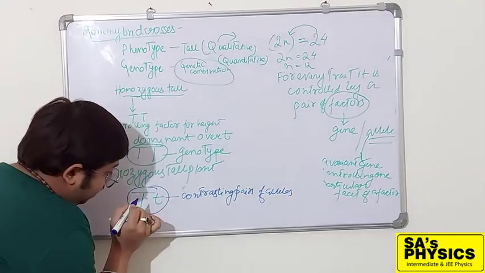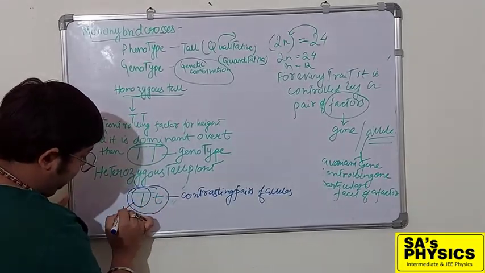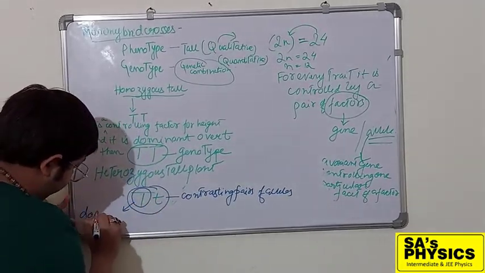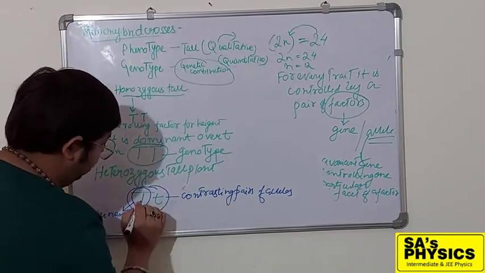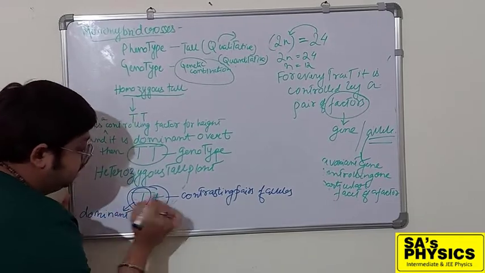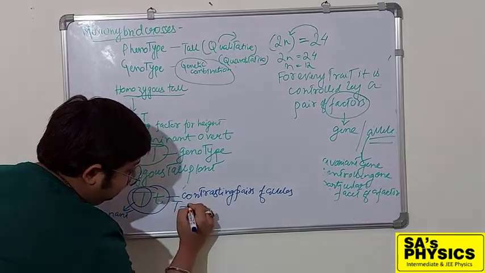Right? But since capital T is dominant over small t, the capital T will be expressed. So, capital T is expressed.